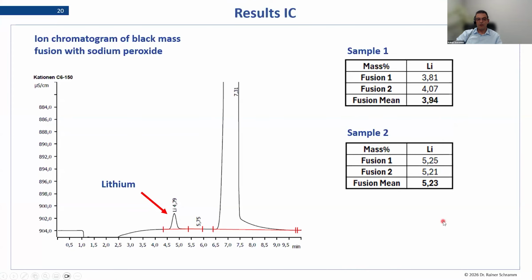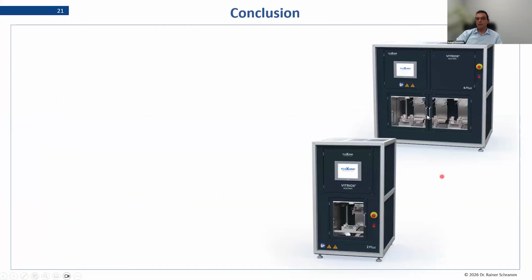So there is a high flexibility which gives you a lot of possibilities to use such a system. Of course, the system exists in two versions, so you can have 2 and 2 or 6 and 6. This depends on how much throughput you need in your laboratory.